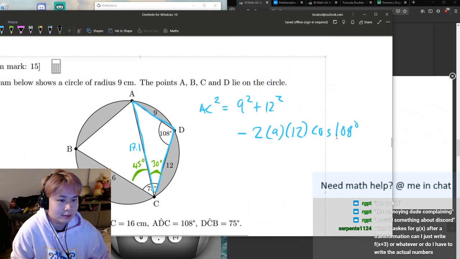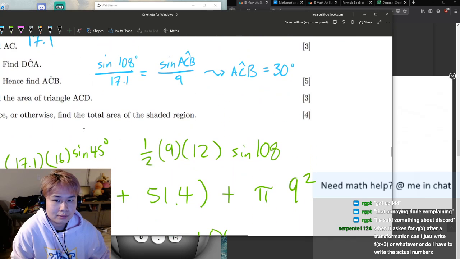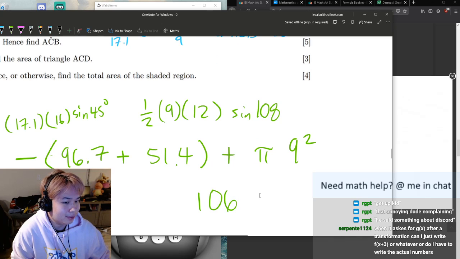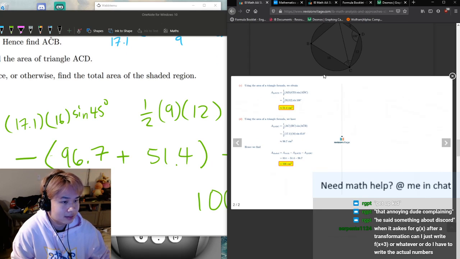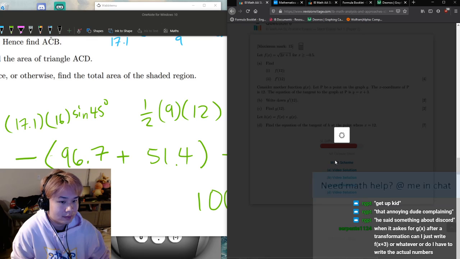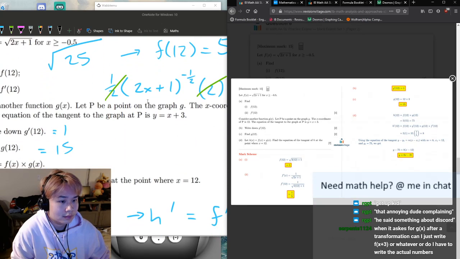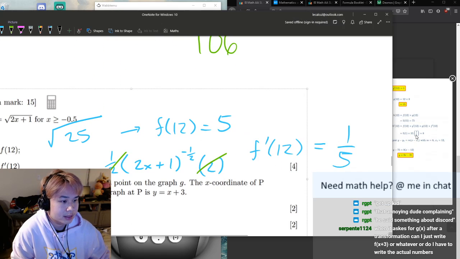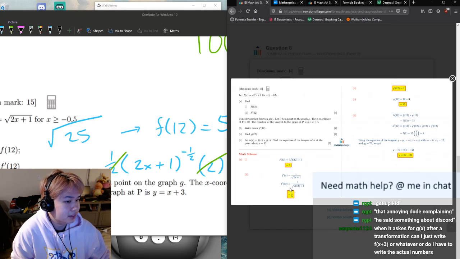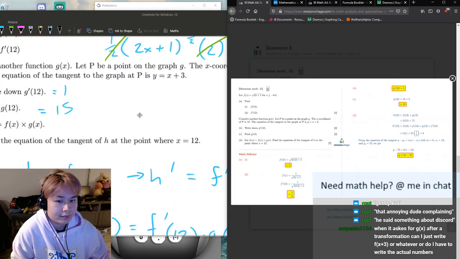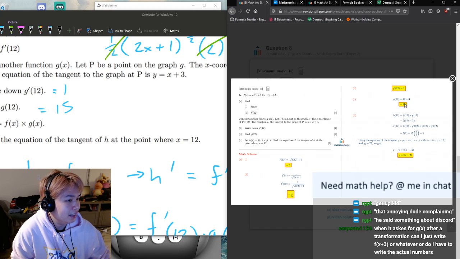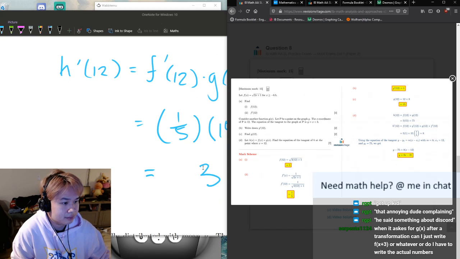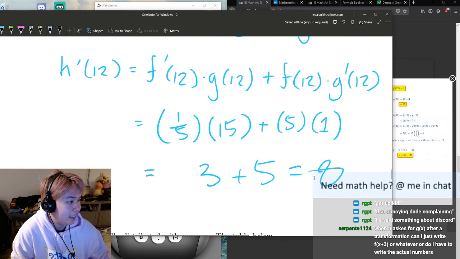Where's my 51.4? Oh, right here, 51.4. And then 106. Okay, 5. I got my 5. 1/5 is right here. And then I have 1 and 15, which means that the answer is 8.